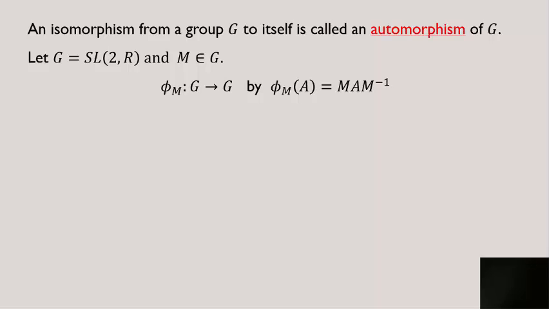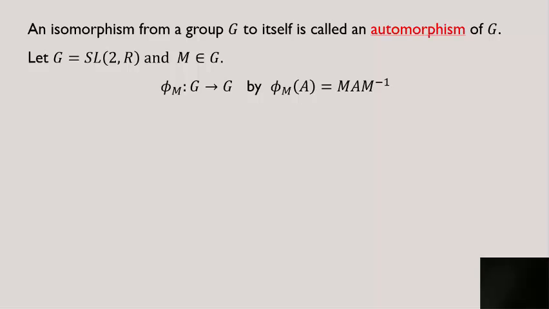An isomorphism from a group G to itself is called an automorphism of G. So it is a one-to-one onto mapping from G to G that preserves the operation in G. So let's start by looking at an example, and then we will prove that it is an automorphism.